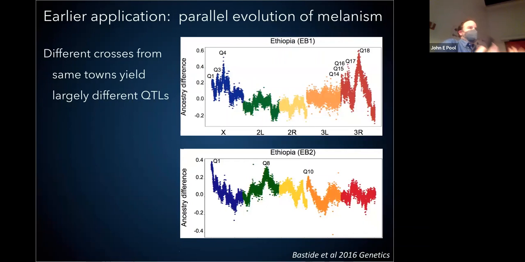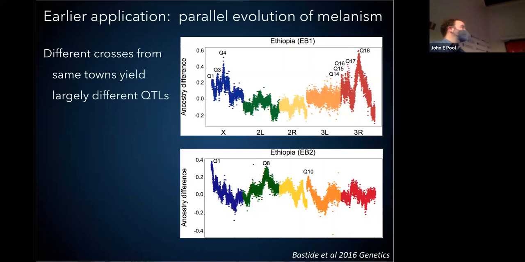But if we pick just a different strain from that same town in high altitude Ethiopia and a different strain from that same town in Zambia, we're going to get largely different QTLs. Now here, there does happen to be one shared in common, which does happen to overlap a known pigmentation gene called yellow.